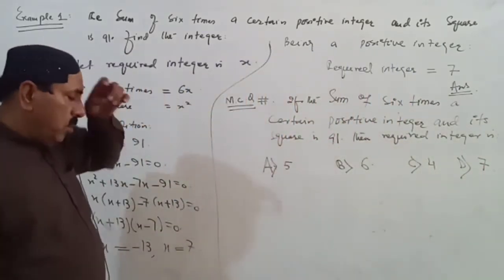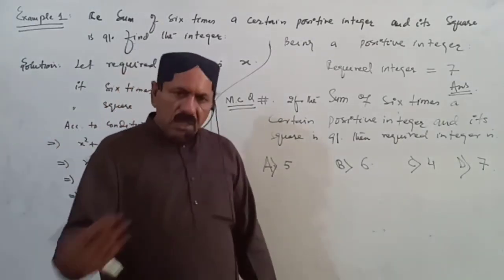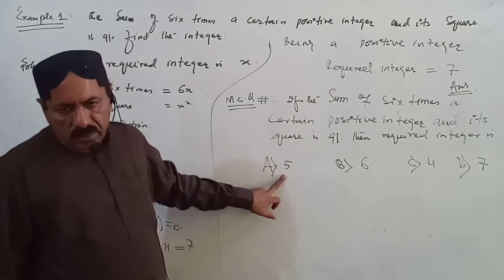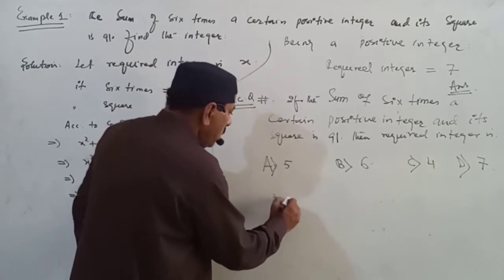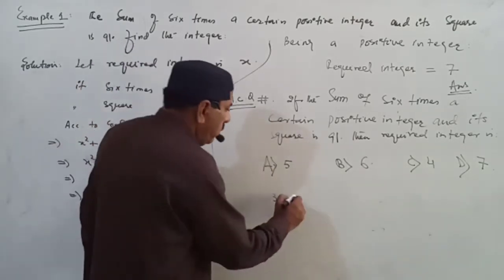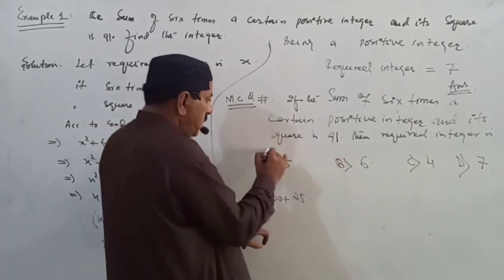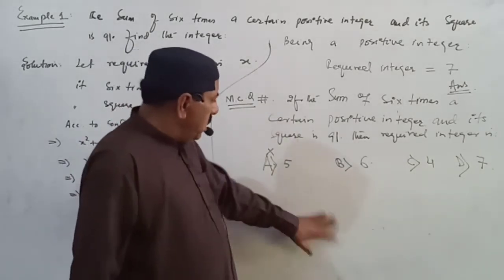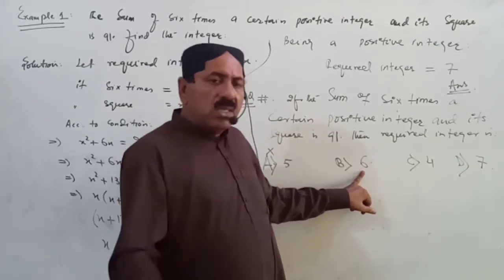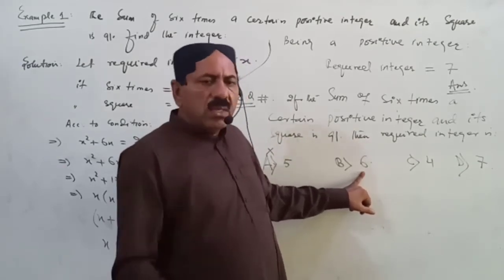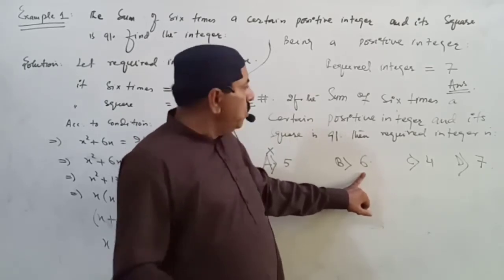Okay, so we make the sum of 6 times the number and its square. 5 is the number, 6 times 5 is 30. Its square, 5 square is 25. 25 and 30 is 55, but we need 91. This is wrong. Okay, 6 is the number. 6 times 6 is 36. Square of 6 is also 36. 36 plus 36 sum is 72, but we need 91.